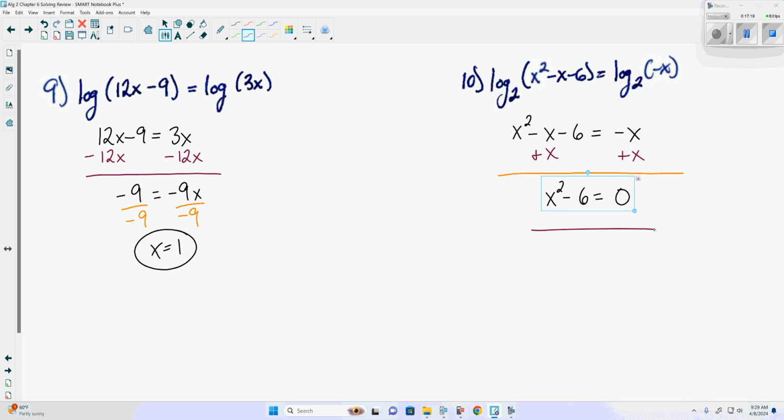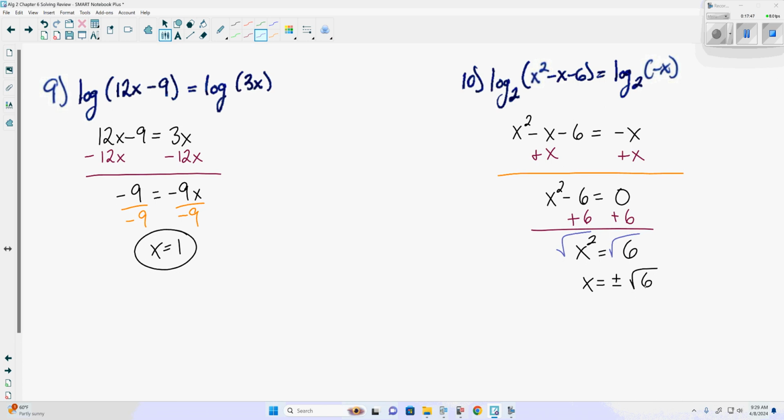No. So what I can do is use the square root method. Telling us x squared is equal to 6, yes? And lastly, we can square both sides, telling us x is equal to plus or minus the square root of 6.